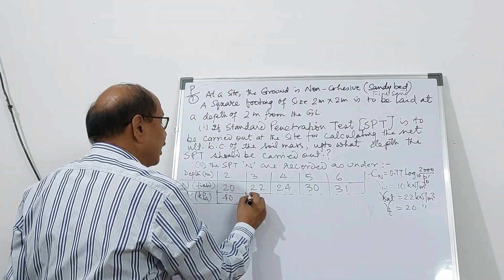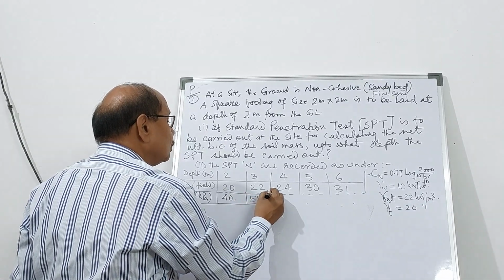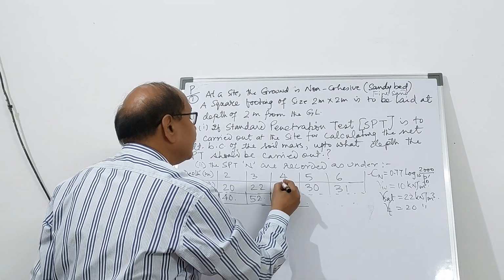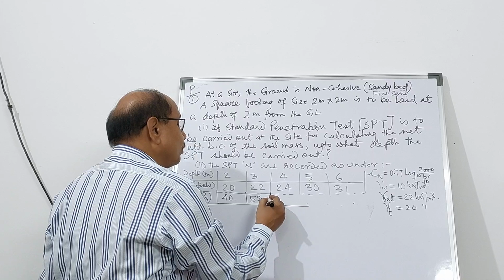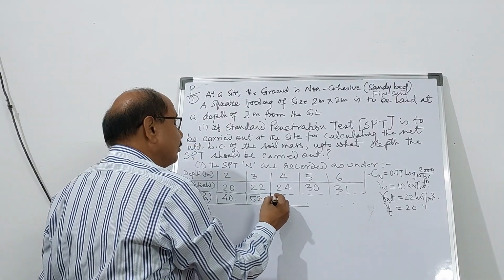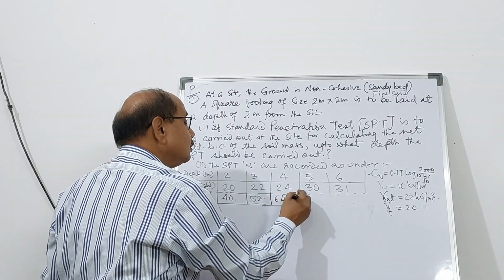So 40 plus 12, it will be 52. Then at 4 meter, it will be 52 plus 12, so it will be 64.